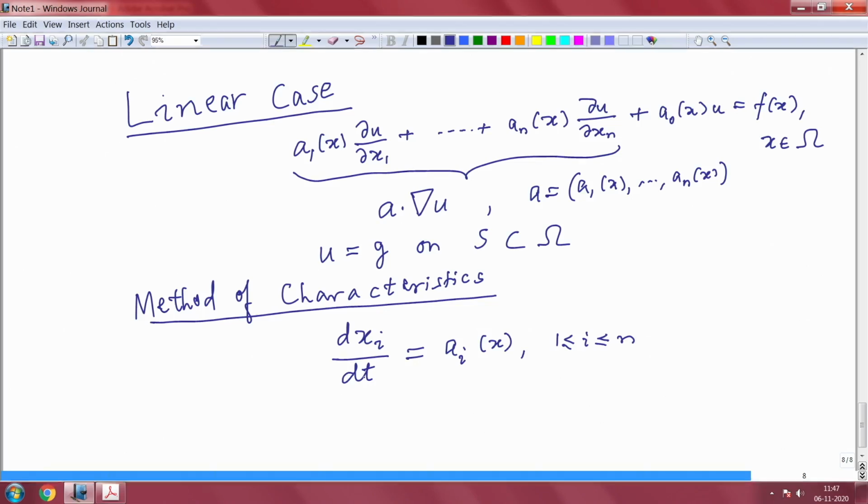Of course, we have to prescribe some initial conditions. So, let me call it characteristic C. So, it describes geometrically a curve in omega. If I start the initial point in omega, so this will form a curve in omega.